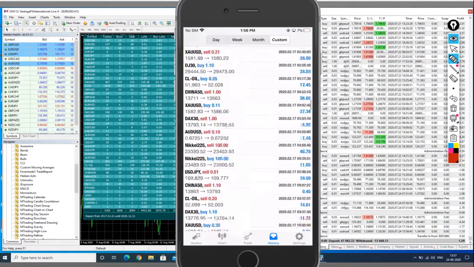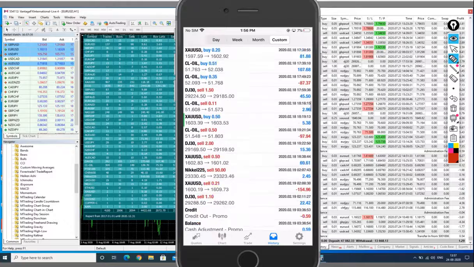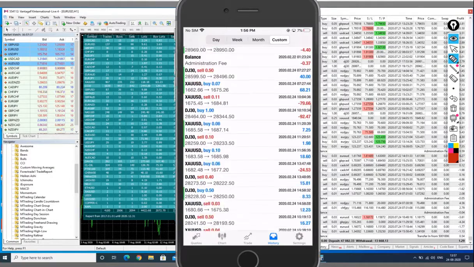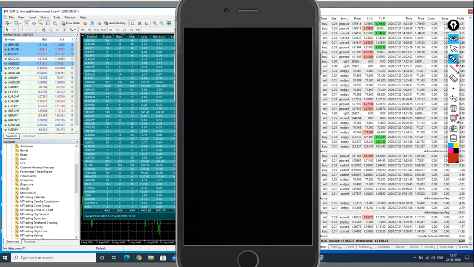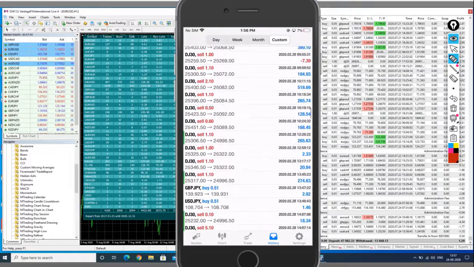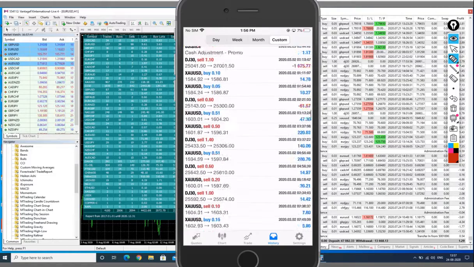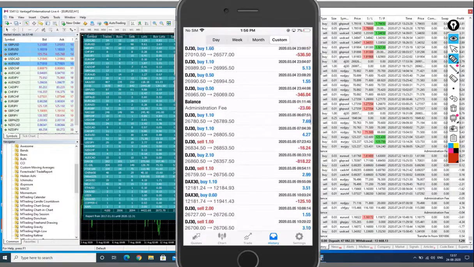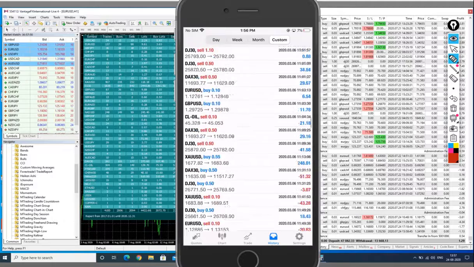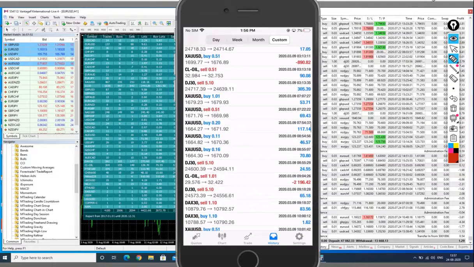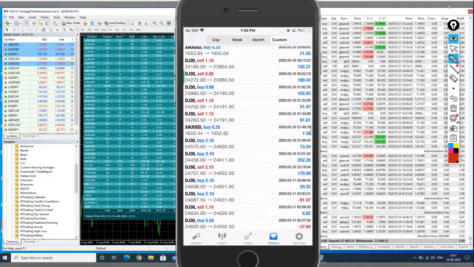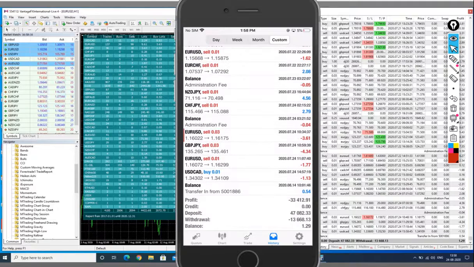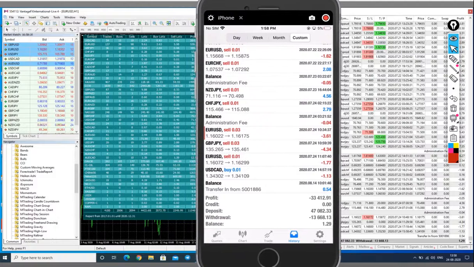There are trades of gold, there are trades of oil, but major trades have been done in US stocks and US indices like Dow Jones and Nasdaq. In total, he has done around 4,000 plus trades in all the pairs including the indices. So 4,100 trades in 10 months is pretty many.